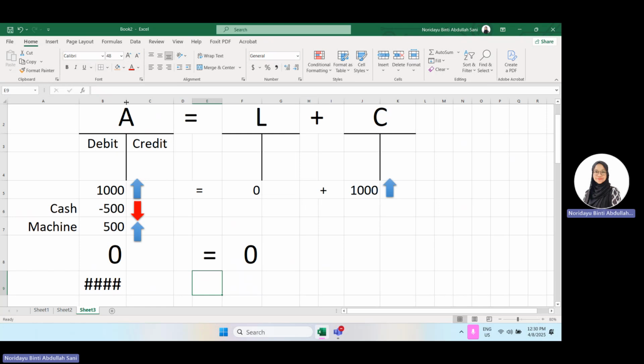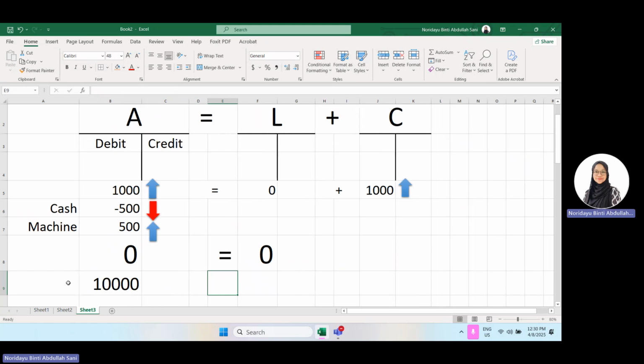Okay. So when I receive this money, it's going to be the cash of the business, right? So my cash is an asset. My asset goes up by 10,000.